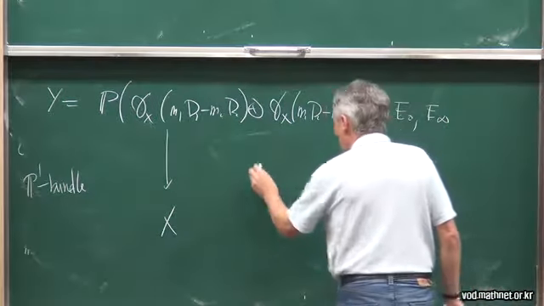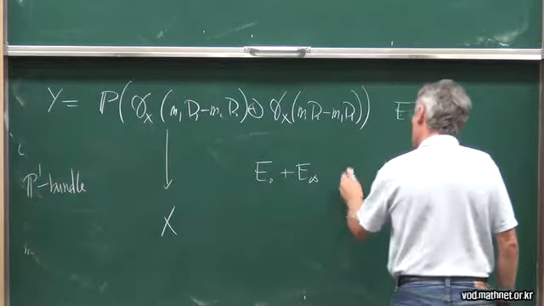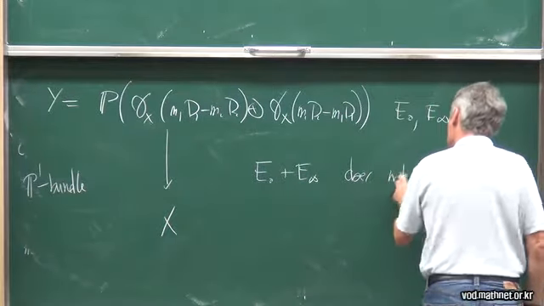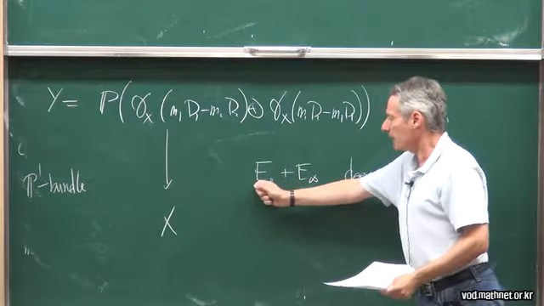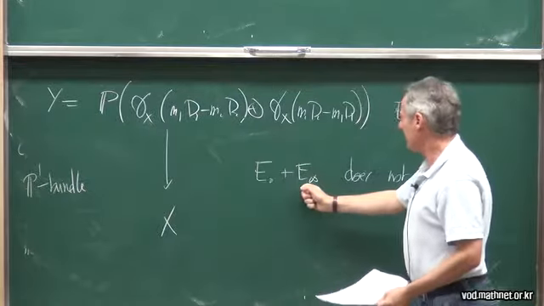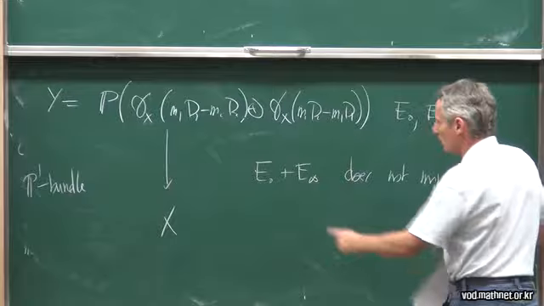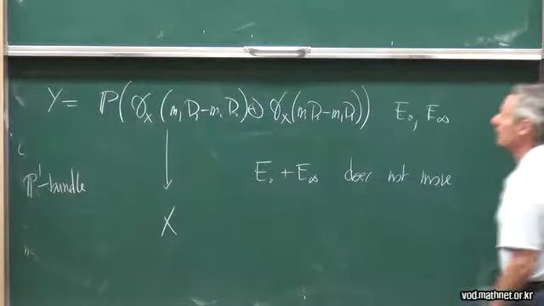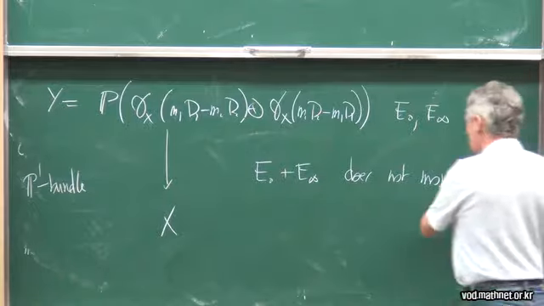And then the whole point is that E0 plus E infinity does not move. Because if you restrict, E0 restricted to itself is this guy, which is not effective, and E infinity is the other guy, and it's not effective. So these are negative on themselves, because basically they're just given by those two divisors. So this doesn't move.